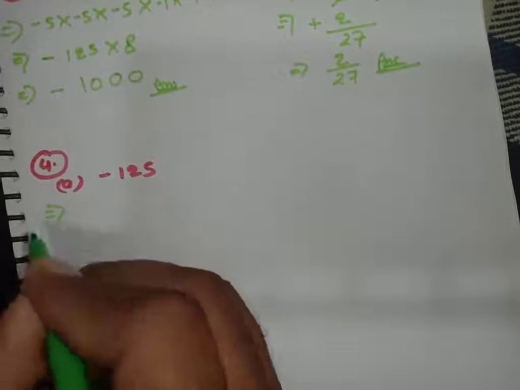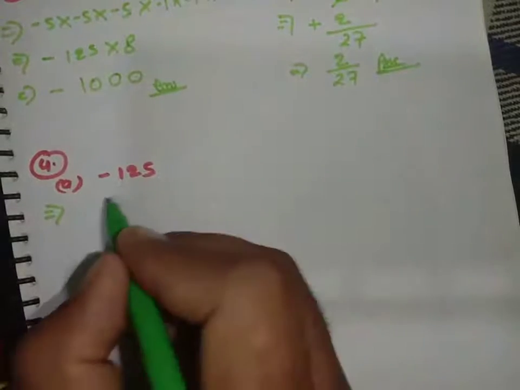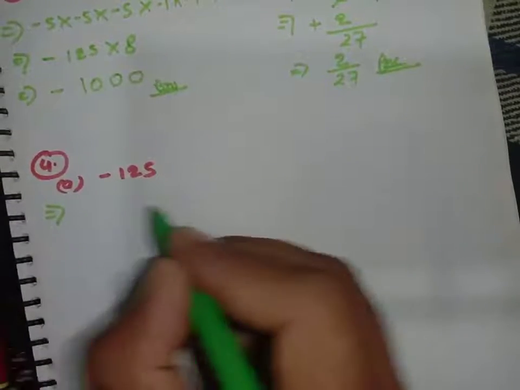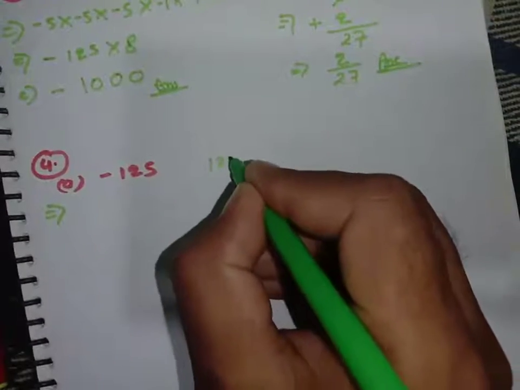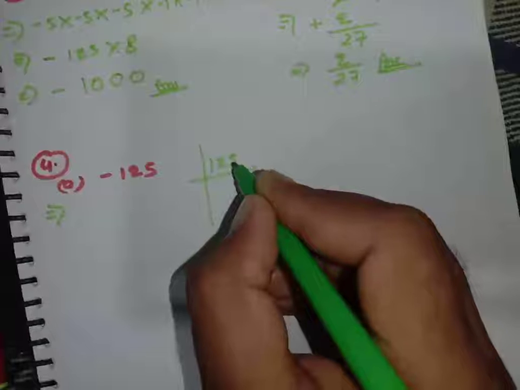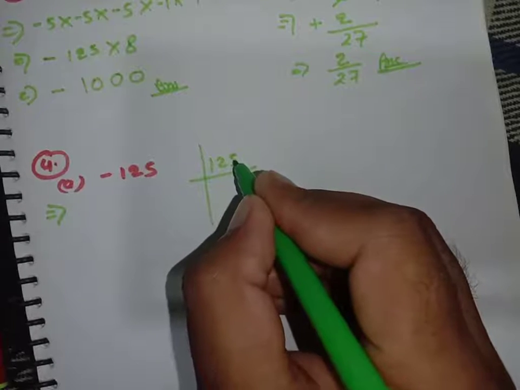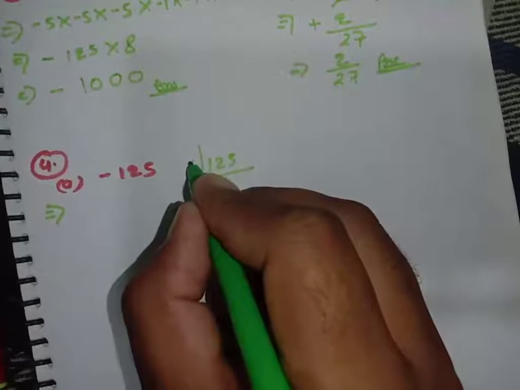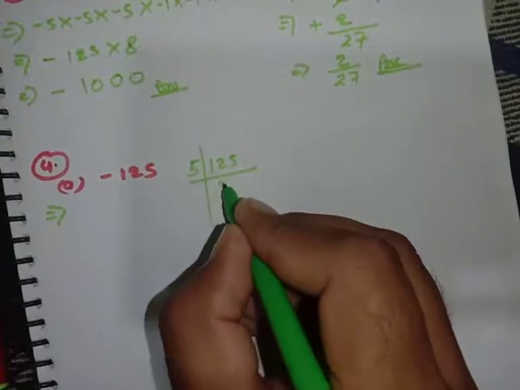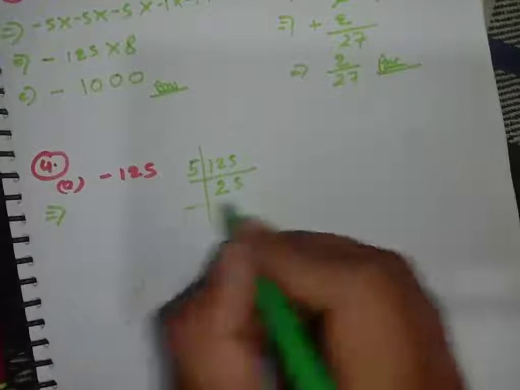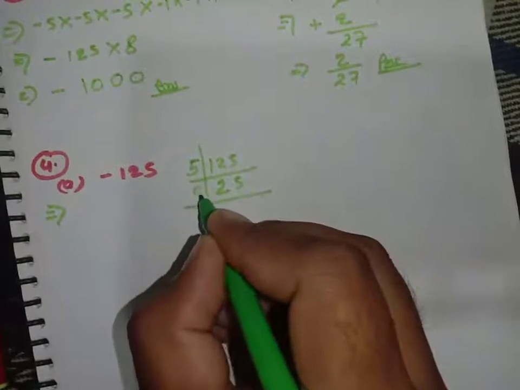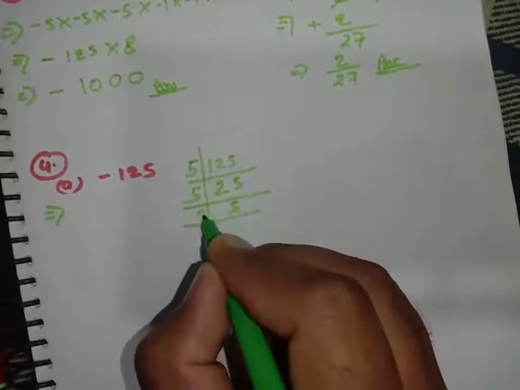Solve this question. First we factorize 125. The unit digit is 5, so we divide by 5. 5 2s are 10, remainder 2, 5 5s are 25, then 5 5s and 5 1s.